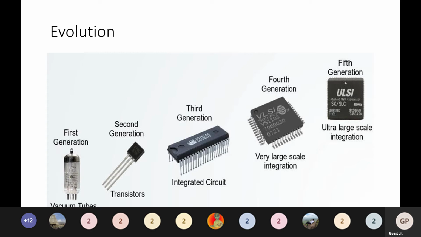And then came large scale integration, where we increased even more, around 1,000 to 20,000 transistors in a chip. And then came very large scale integration, which we know popularly as VLSI, and there it was about 20,000 to 10 lakh transistors in a chip.